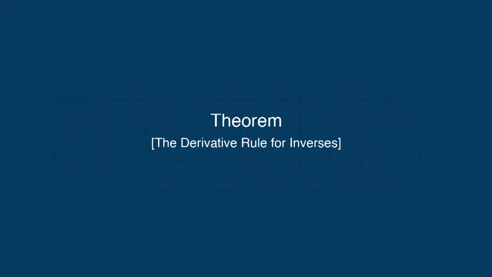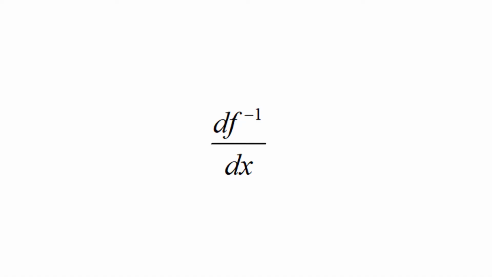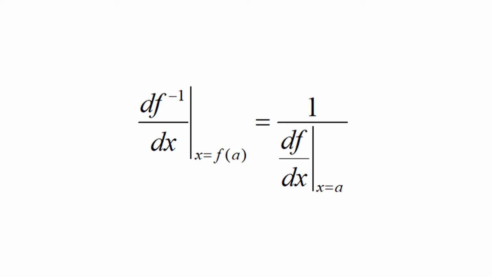Theorem: derivative rule for inverses. If f is a one-to-one function that is differentiable at every point on the interval I, and df by dx is never 0 on I, then f inverse is differentiable at every point on the interval f of I. The value of d by dx of f inverse at any particular point f a is the reciprocal of the value of df by dx at a.